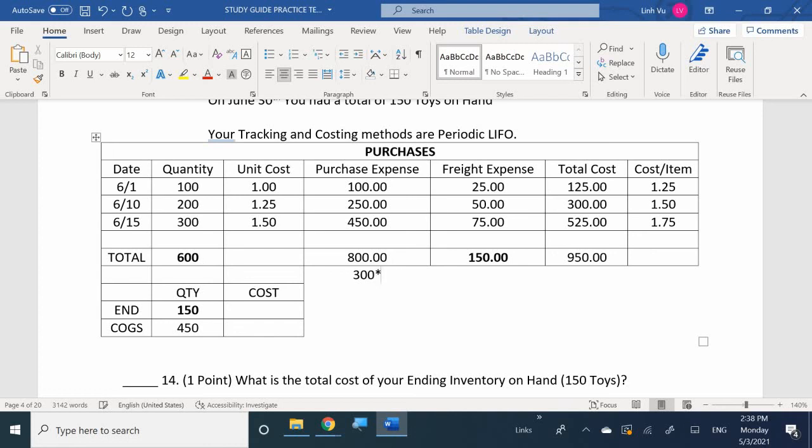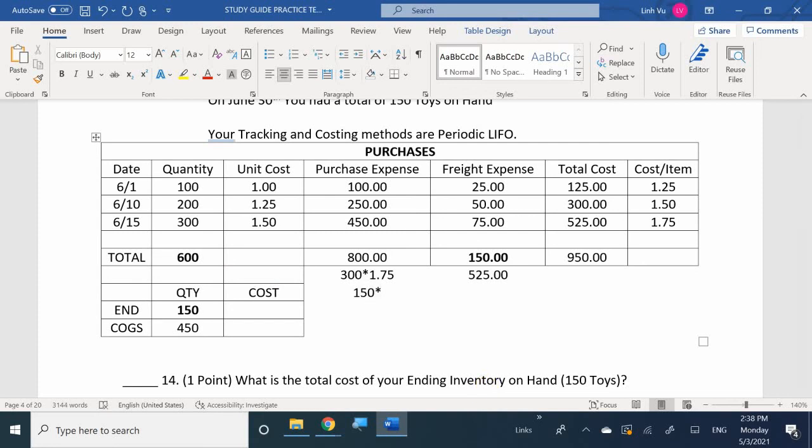So here I already know 300 times my $1.75 results in $525. Now I sold 300 items. How many more do I need to sell to get to 450? 150.